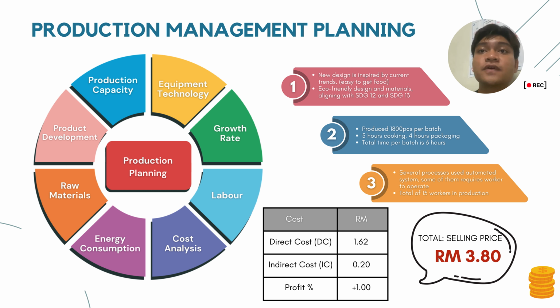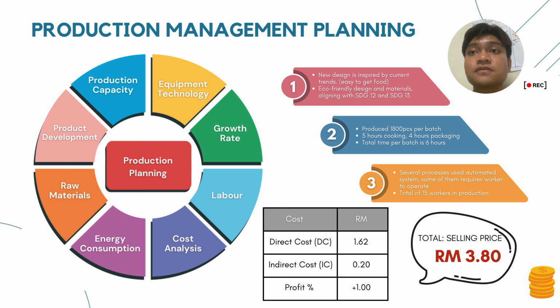Okay, so the last is the equipment technology. Why I highlighted this point, since we are in industrial 4.0, right? We know that new technology will give more benefit to our production, especially since we are in the food industry. Applying technology is useful for us as management, the producer, and it also gives a benefit to the consumer.